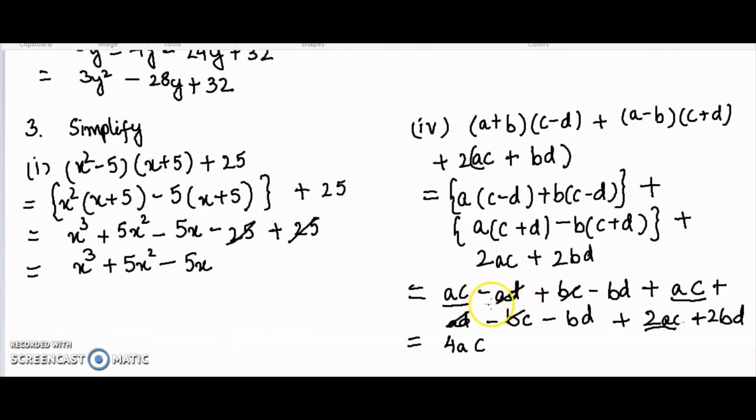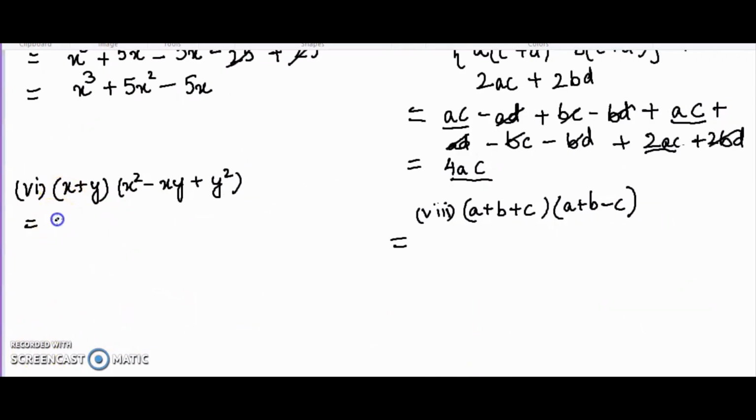Here minus AD gets cancelled out with plus AD, plus BC will get cancelled out with minus BC, then minus BD and minus BD gives minus 2BD, but I have here plus 2BD term, so I can cancel out these also. So what remains is only AC plus 2AC, that is 4AC. So this will be your final answer.